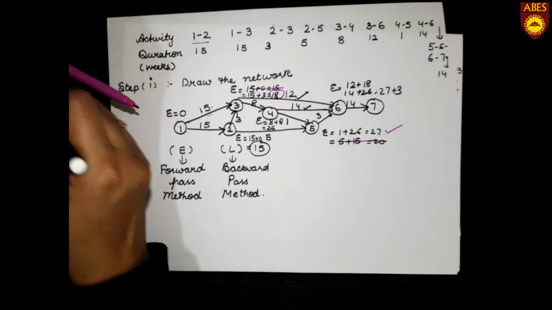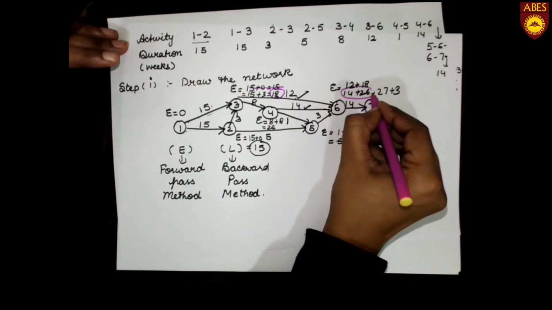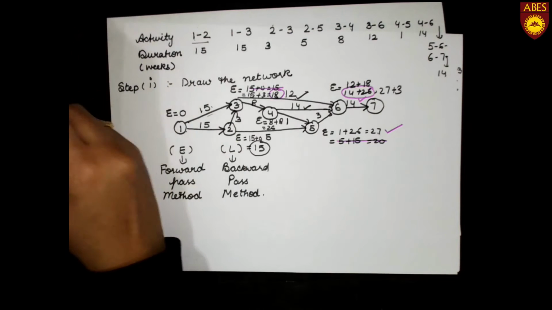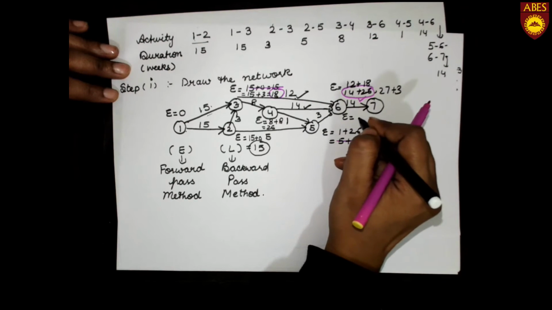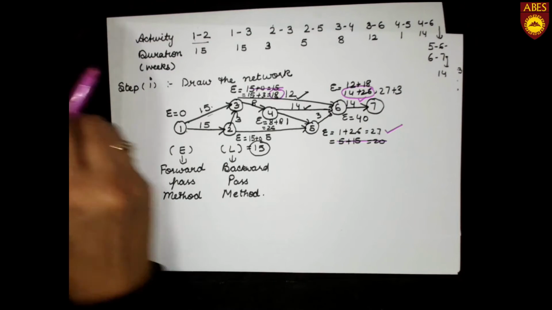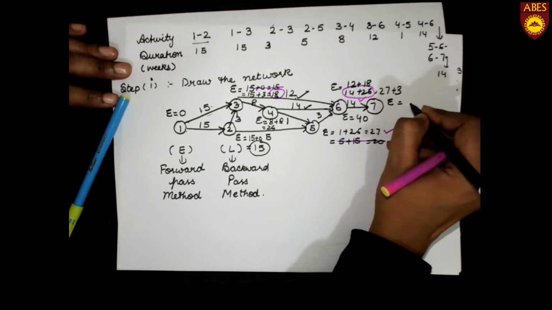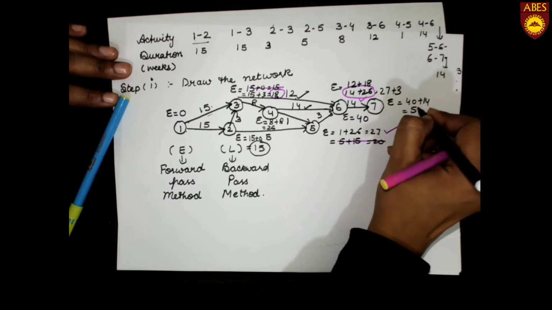Out of these 3, 14 plus 26 is the maximum value. So we will take E is equal to 40. Next, for the seventh event, we have 40 plus 14, that is 54.